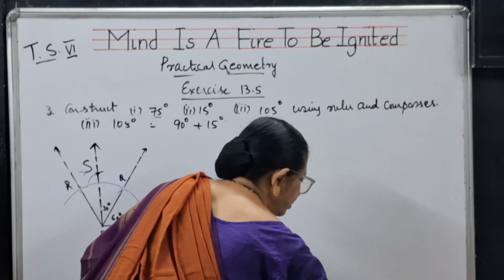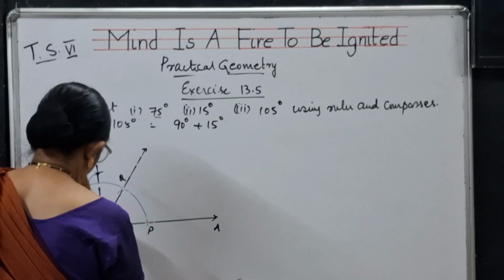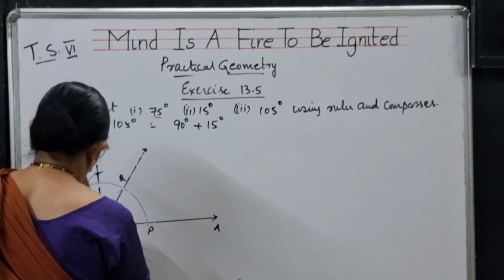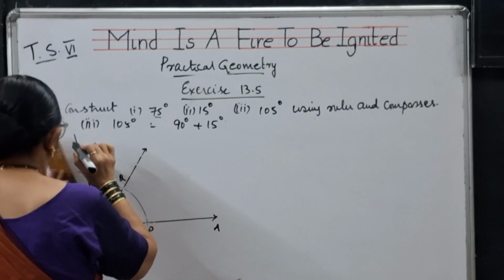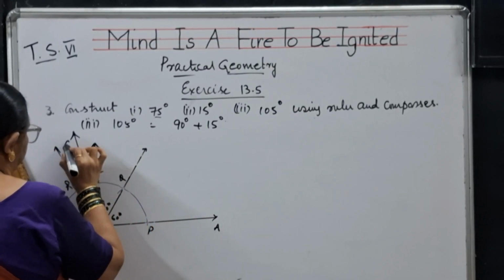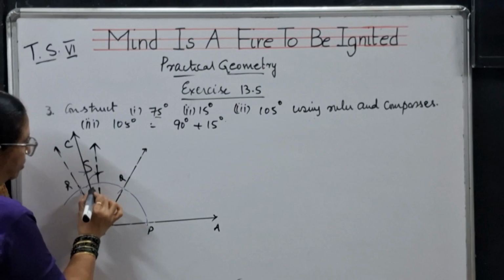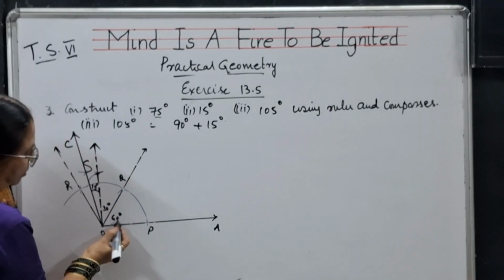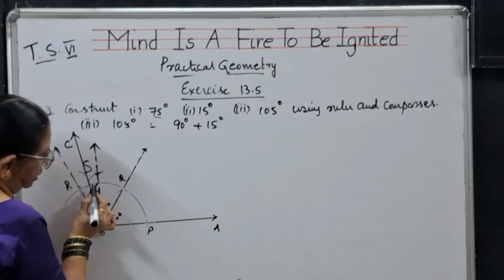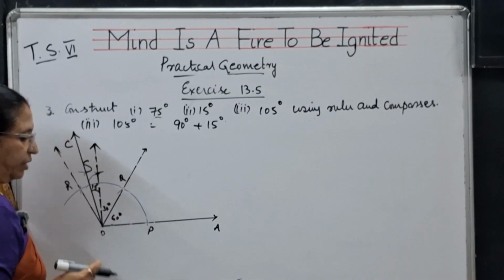So this is COA. This is 15 degrees. So 60 plus 30, 90 plus 15, total 105 degrees.